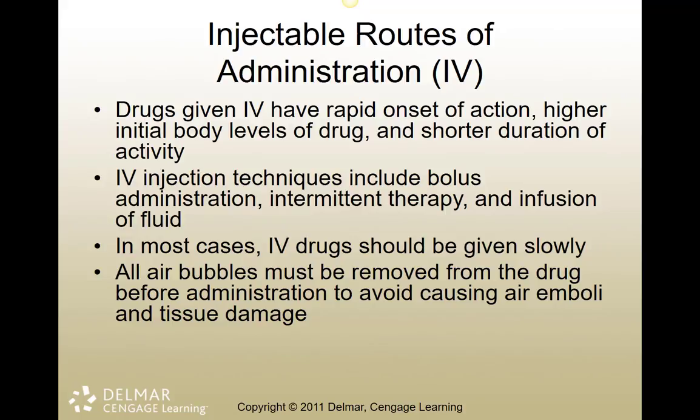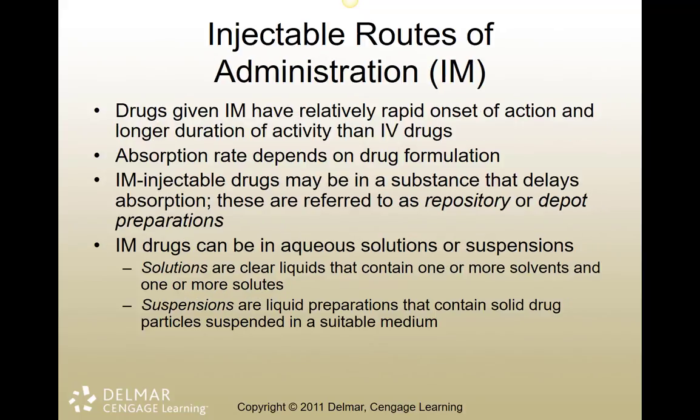Sometimes you can't get all the air bubbles out. If you have some really tiny air bubbles, we're not worried about those. But if you have half a mil or more of air in there, it can cause an air embolus. It goes to the lung, and that air pocket will set up and block blood flow to part of the lungs. Then you can get a pulmonary embolism, which becomes life-threatening.